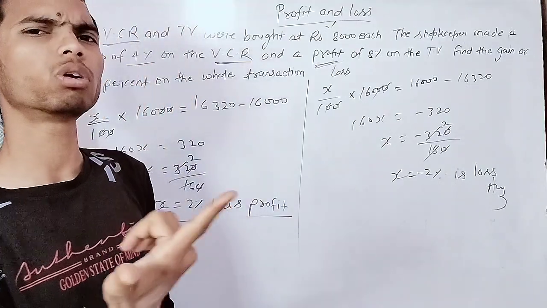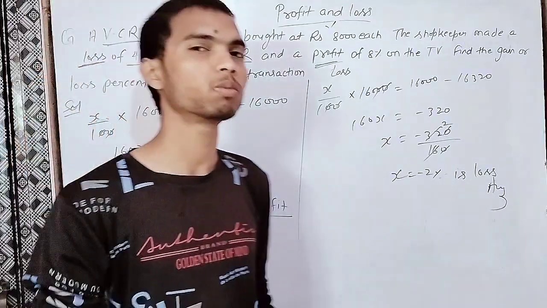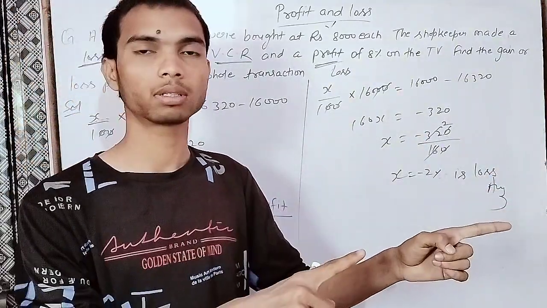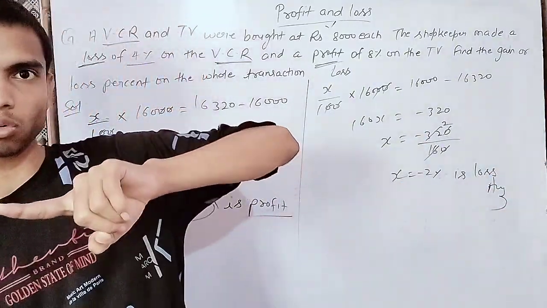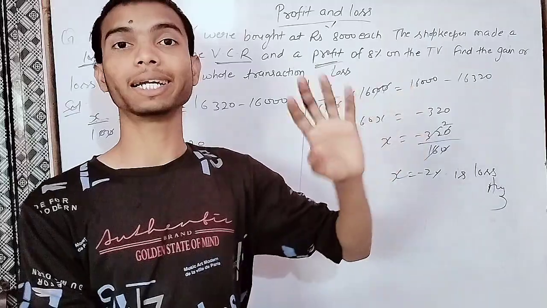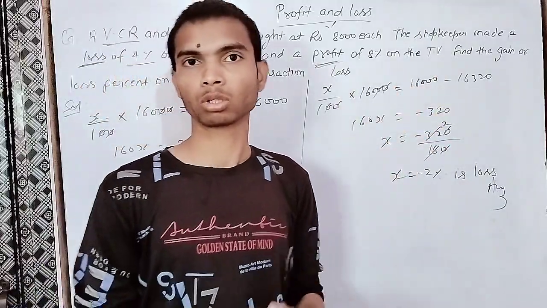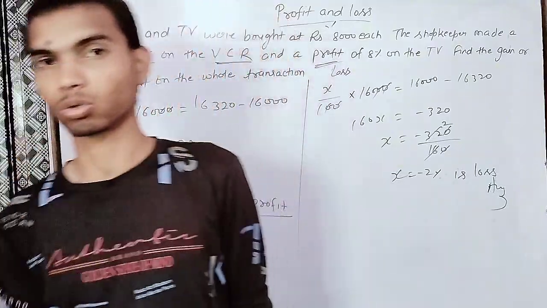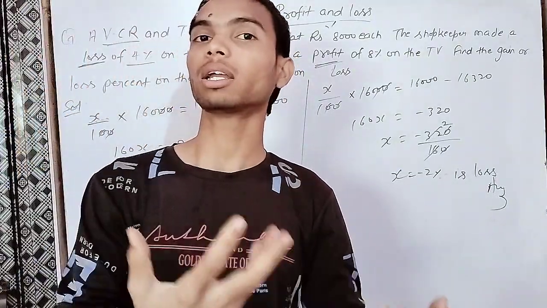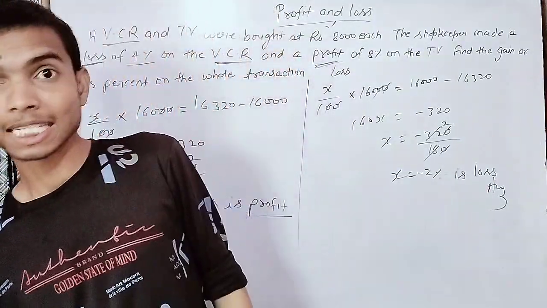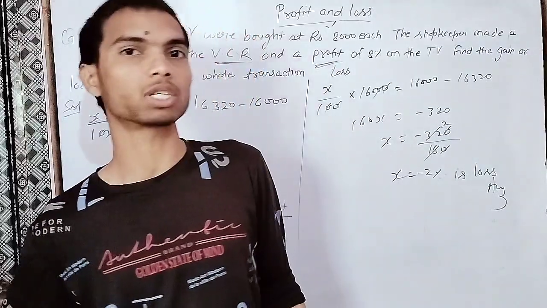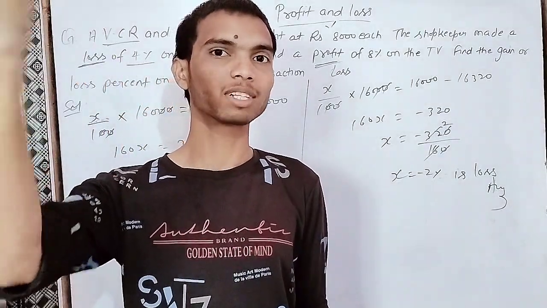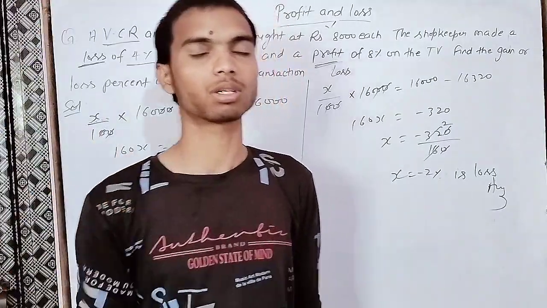And now the total cost price is 16,000. 8,000 is for the VCR and the second 8,000 is for the TV. Now we observe that the selling price is high and the cost price is low, so we can tell that you are in profit, not in loss.